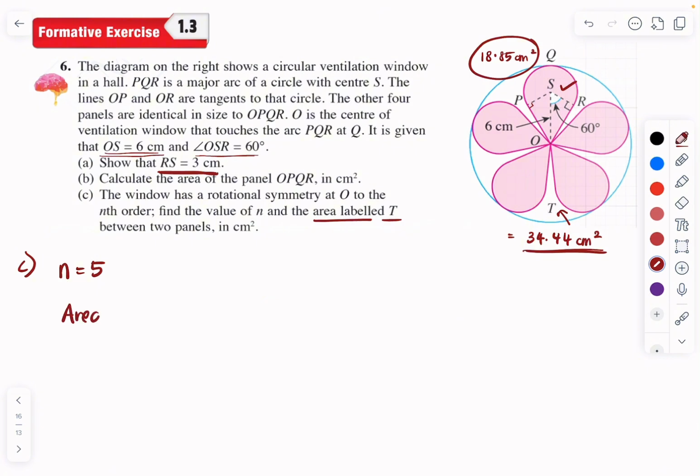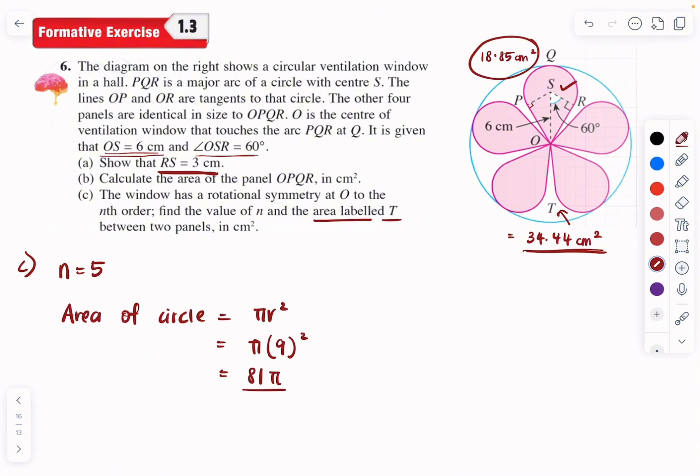So area of circle is pi r square. So the radius of this circle will be, this is 6 cm and this radius is 3 cm, just now we found. So here also will be 3. So this to this is 3 and this to this is 6. So the whole radius is 9. So pi times 9 square. So we get 81 pi as our area of circle.